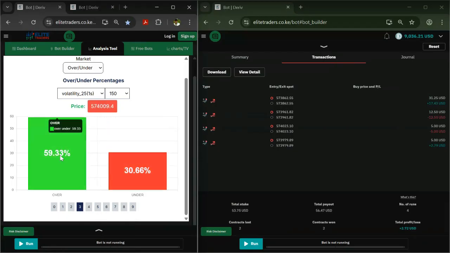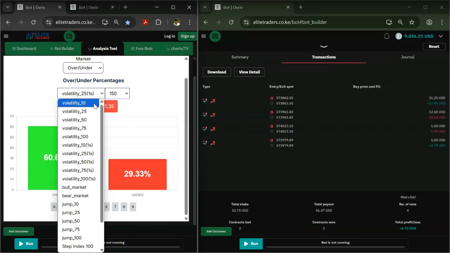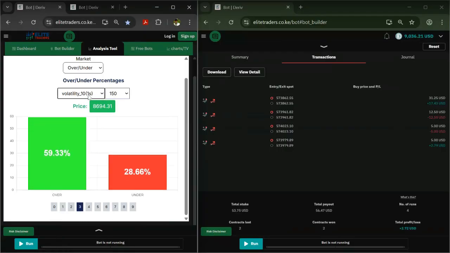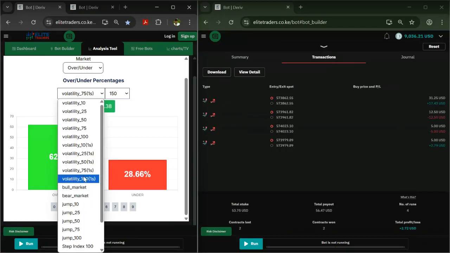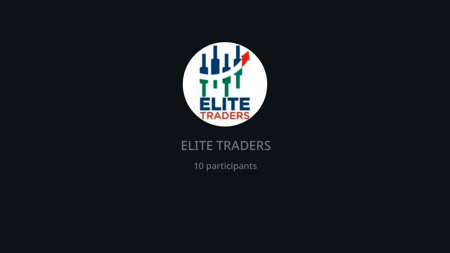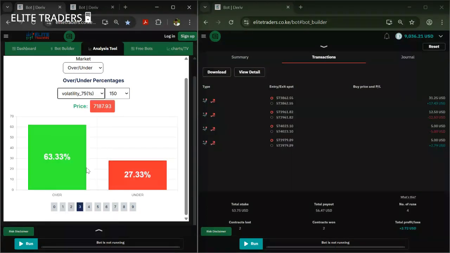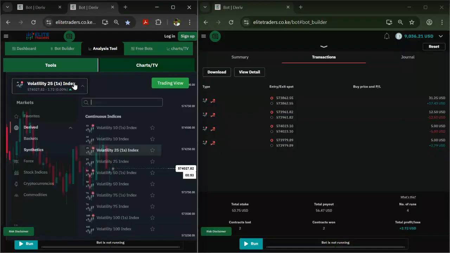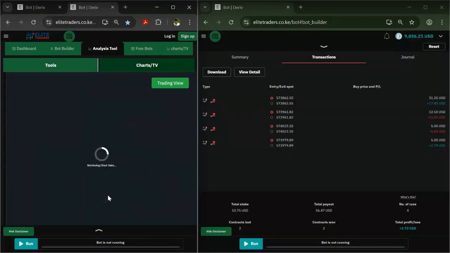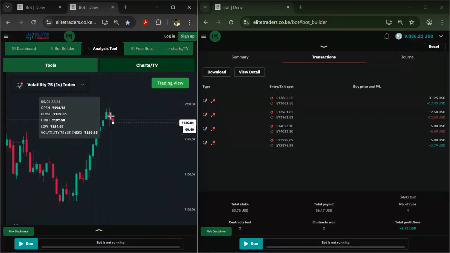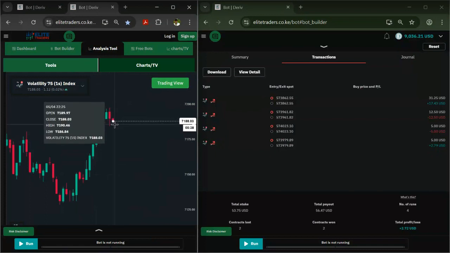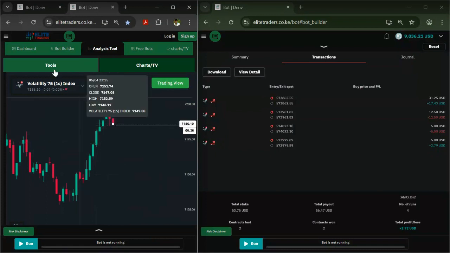Naona this fluctuate. Okay, let's see if we can get a better one. Tukikosa tunakuja kwa 75. I think 75 is better, even though still doesn't meet our market trading condition. But let's see 75 if it's on uptrend. It's on a down trend, but we can trade with a retest.